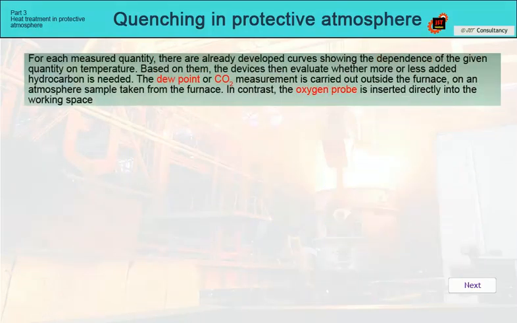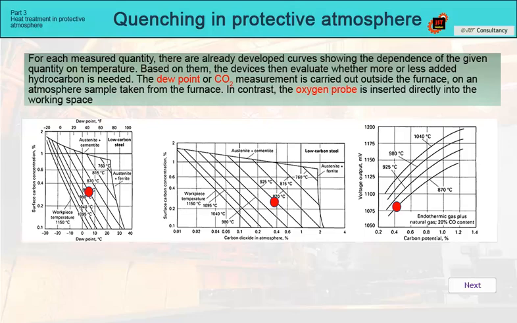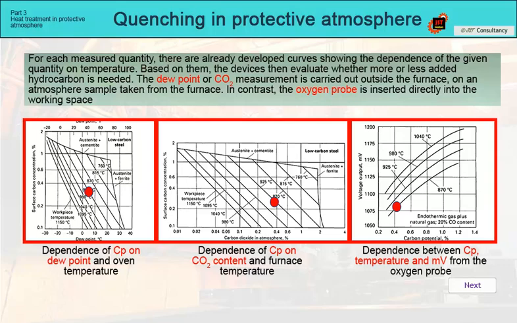For each measured quantity, there are already developed curves showing the dependence of the carbon potential on the dew point, on the CO2 content, or on the size of the signal in millivolts from the oxygen probe. Based on this, the instruments then evaluate whether more or less added hydrocarbon is needed in the case of the endo atmosphere, or hydrocarbon and air in the case of the methanol atmosphere.